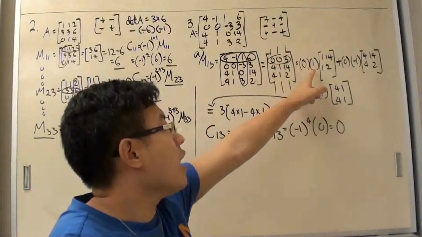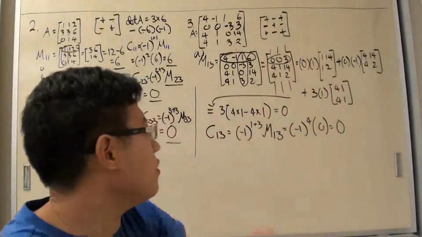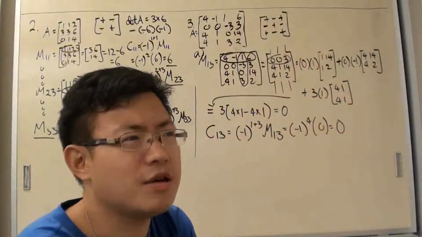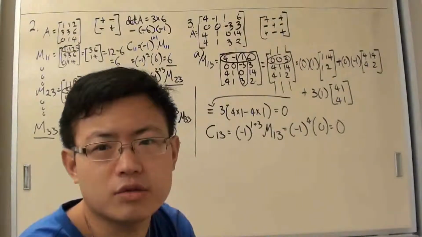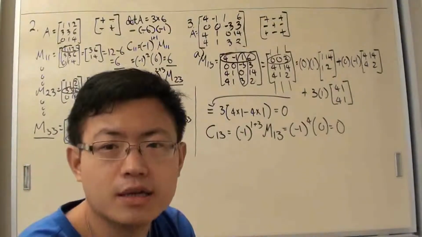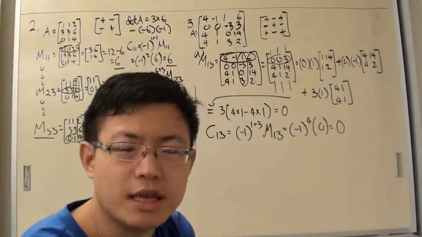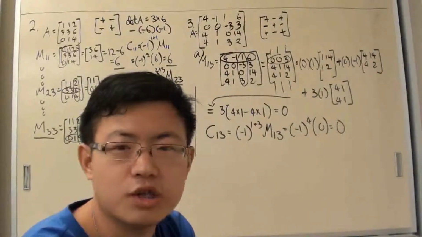Another thing: if you write 0 times something, some people might say, anything times 0 is 0, so why do I even need to keep writing? I'll just put 0. Mathematically, that is correct. But I think it's nice to play on the safe side in case the professor says you didn't show proper work.